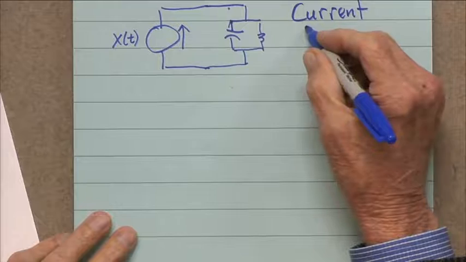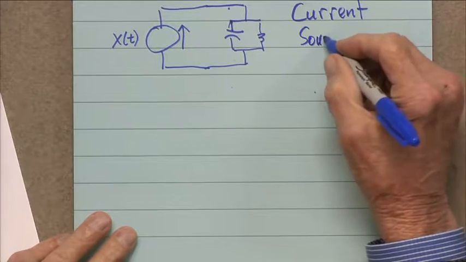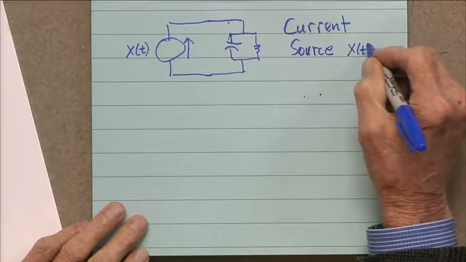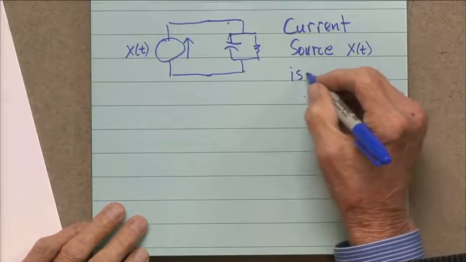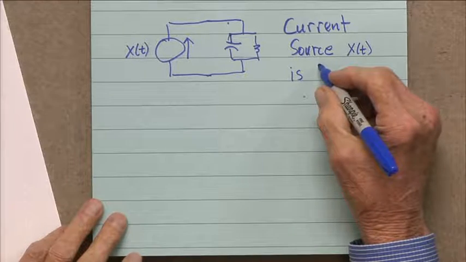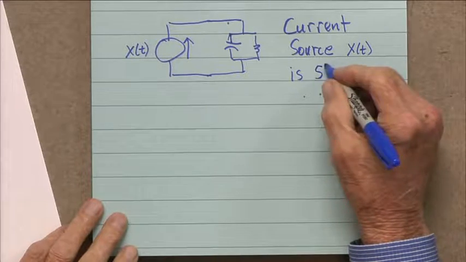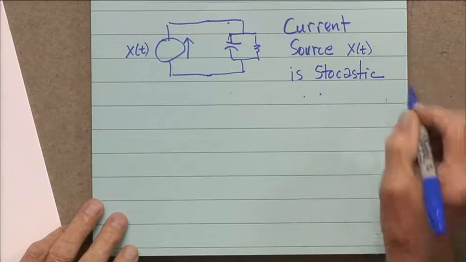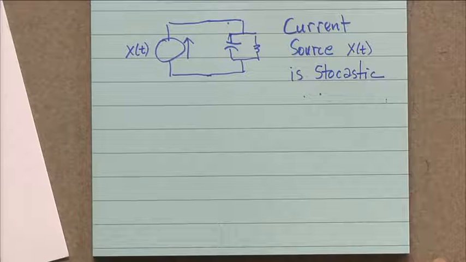X of t is stochastic. It's a random process, maybe the telegraph signal.